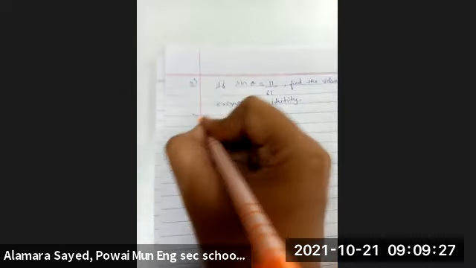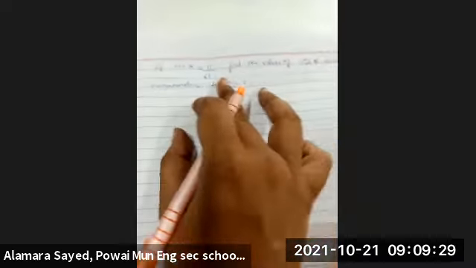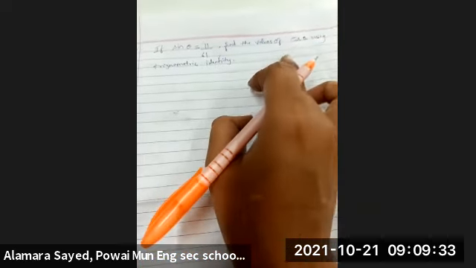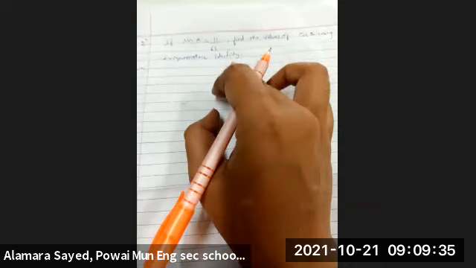Now the question is what? If sine theta is equal to 11 upon 61, find the values of cos theta using trigonometric identity.